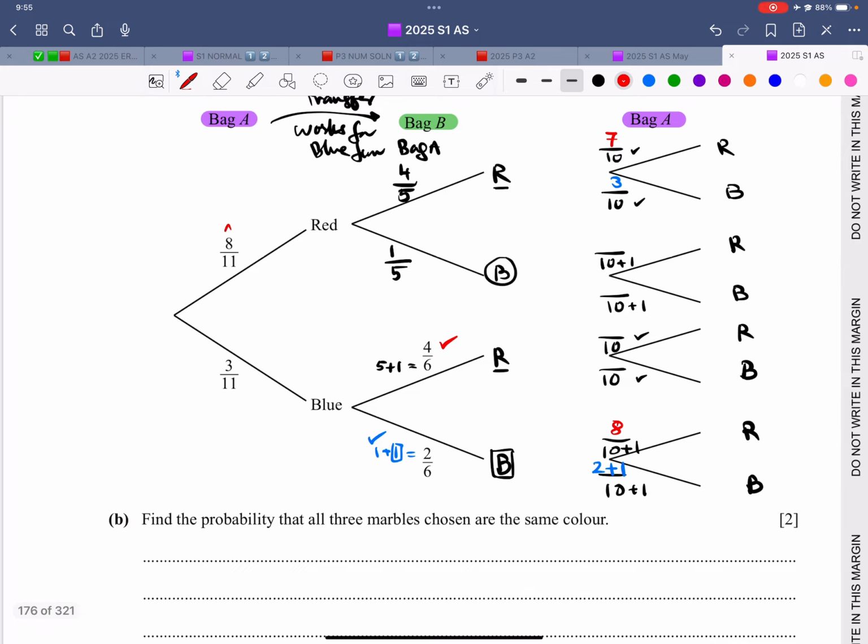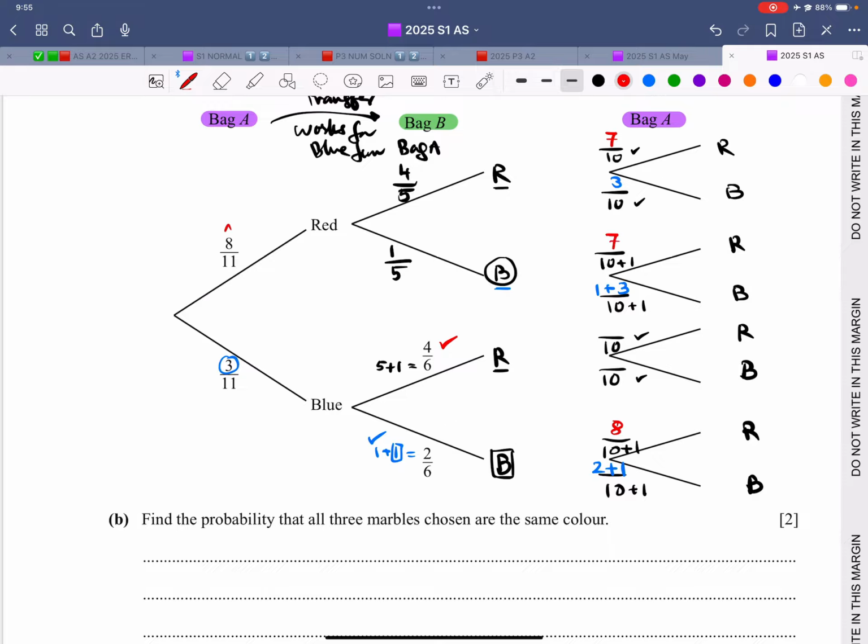Now over here, if we are again talking about a blue, and if blue is taken out, then the original number of blue was 3, and 1 because of the transfer. And this red over here, 4 over 11, and this is 7 over 11. So that's how it is.